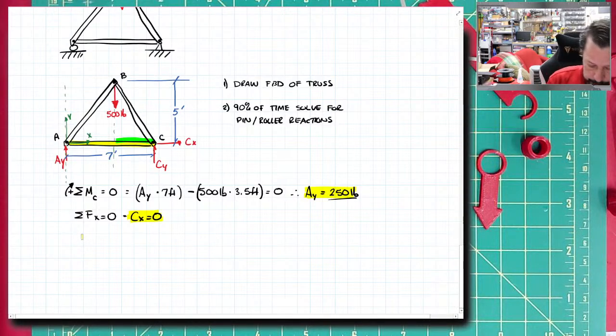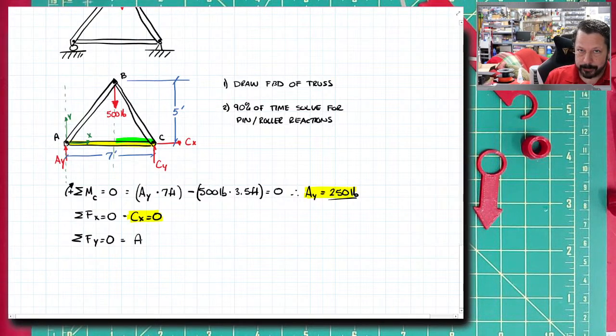So our other equation, summation of forces in the Y direction equals 0. Even though I just solved for AY, I like to write the equation based on the free body diagram and then fill in all the variables. That way I don't miss a sign. Maybe I solve for AY and it's actually negative and I forget to put the negative on there.